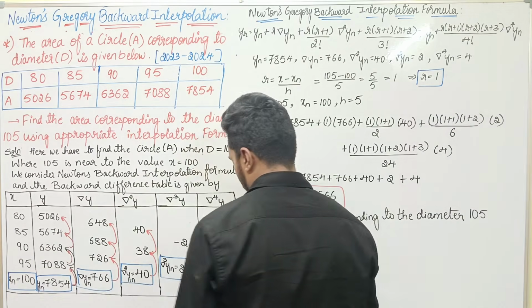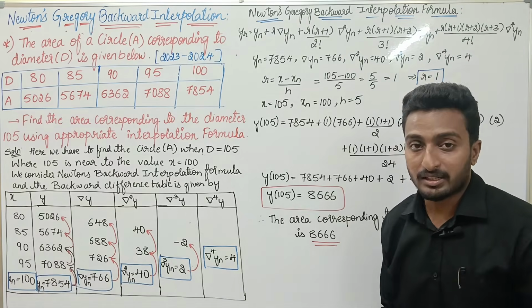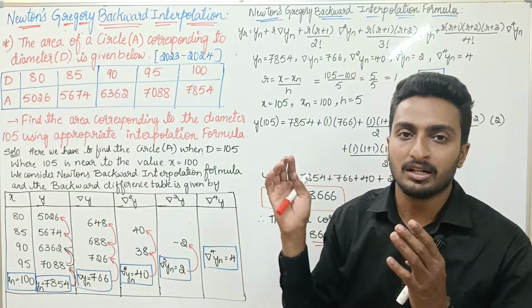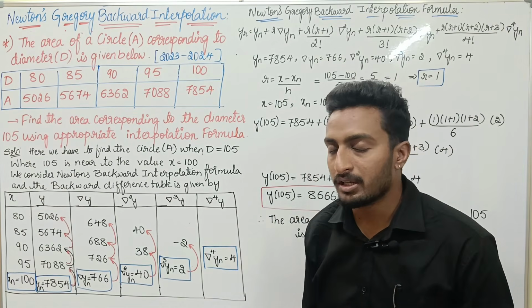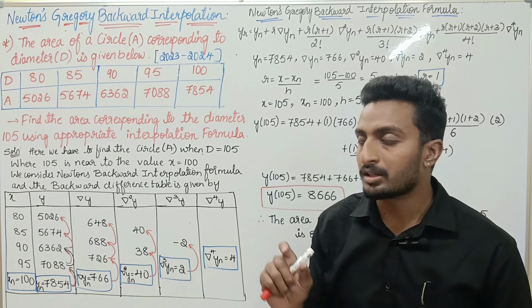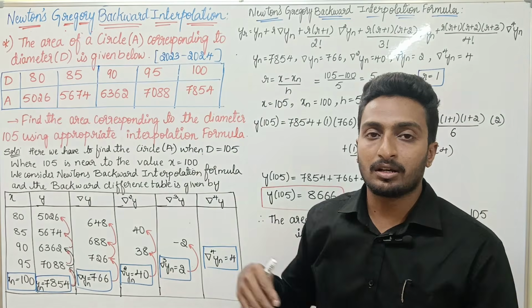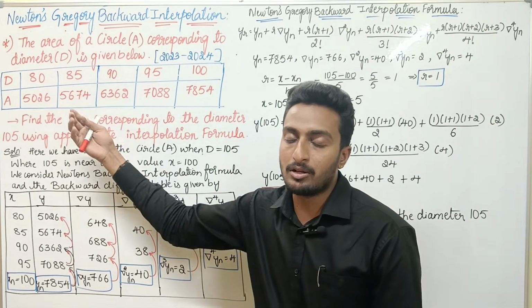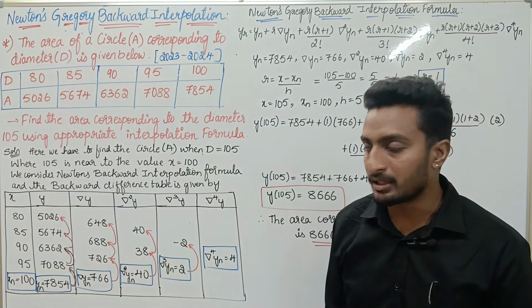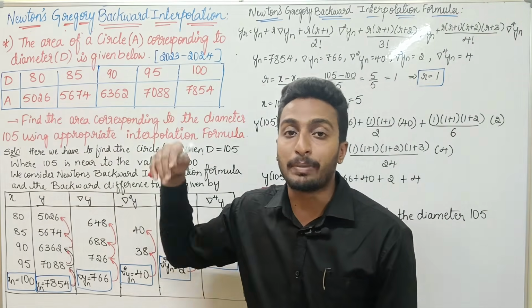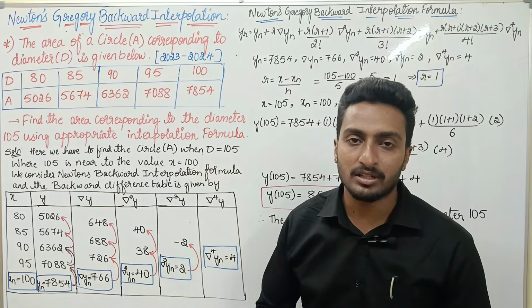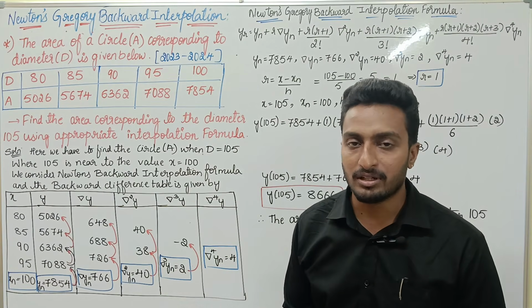Got the point? Yes. Let us take a recap. First we are going to decide whether it is forward or backward based on the given value, whether it lies in the forward interval or the backward interval. Since 105 lies in the backward interval, we consider Newton's backward interpolation formula and represent the backward difference table.